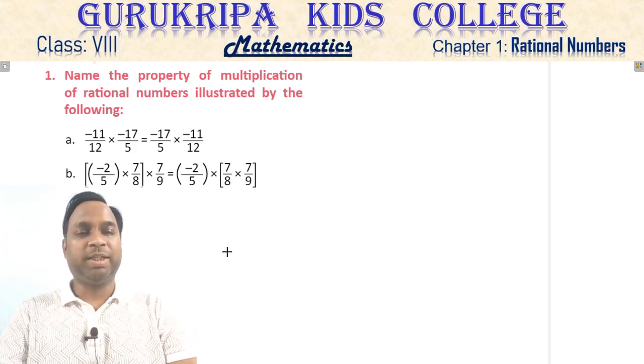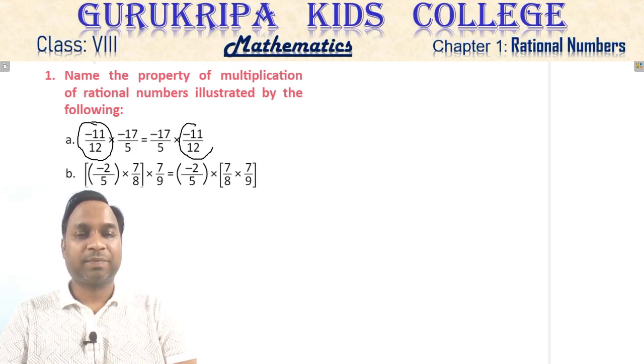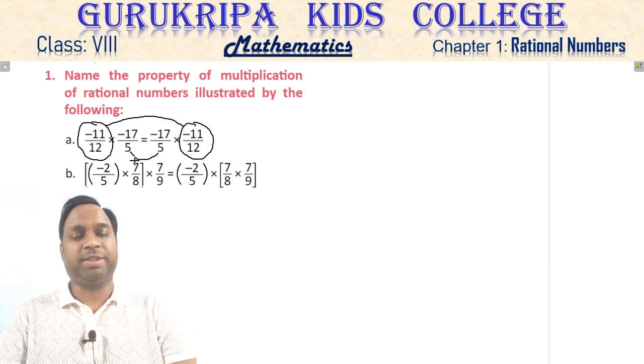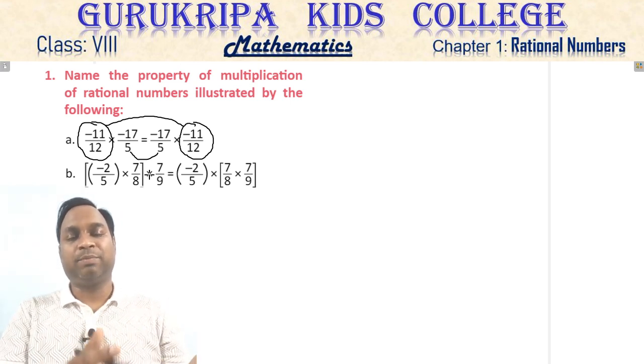So what do we see over here? The first number, minus 11 over 12, has become the second number now. Is it? The position of the number has changed. Similarly, this minus 17 over 5, the position has changed. The number which was coming earlier has come later now. The number which was later has come first now.